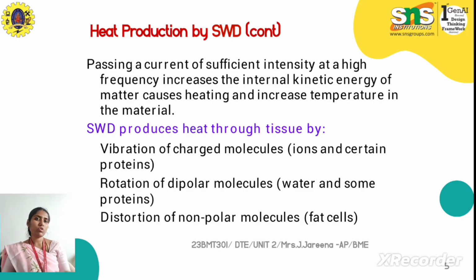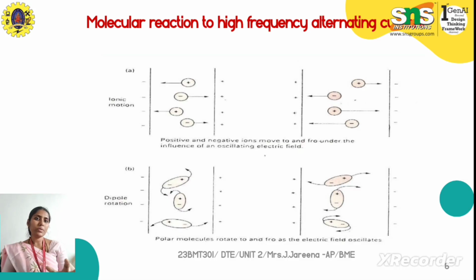So this is the actual heat production mechanism when we apply shortwave diathermy. I have given a clear picture of how the vibration of ionic molecules or the rotation of dipole molecules happens when we apply a high frequency alternating current. Initially they are in a resting state. Once you apply the high frequency alternating current, the charged ion particles try to move in the opposite direction, under the influence of the oscillating electric field.